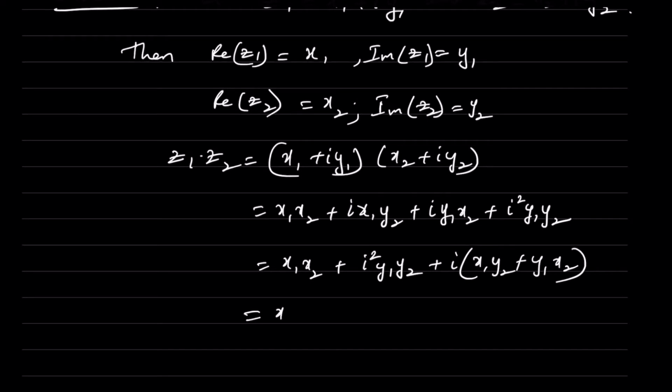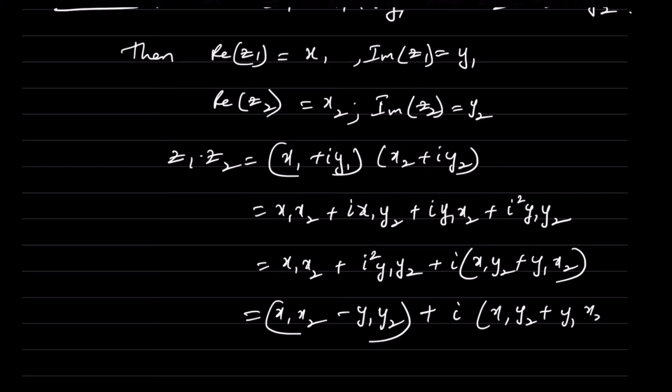So this is equal to x1 x2 minus y1 y2 plus i into x1 y2 plus y1 x2.